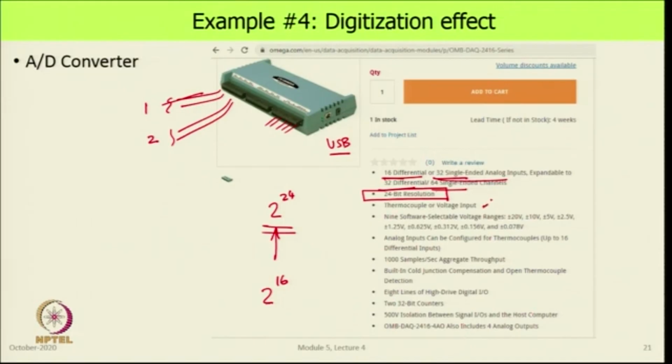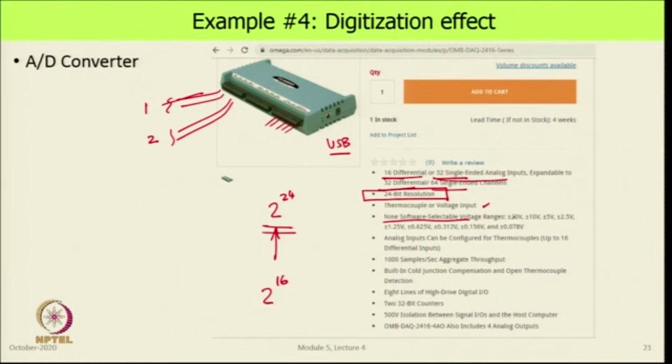The input here can be thermocouple or voltage, and then it says what the input range is that we can select. It says 9 software selectable input voltage ranges. So, in the driver software we can decide what we want.